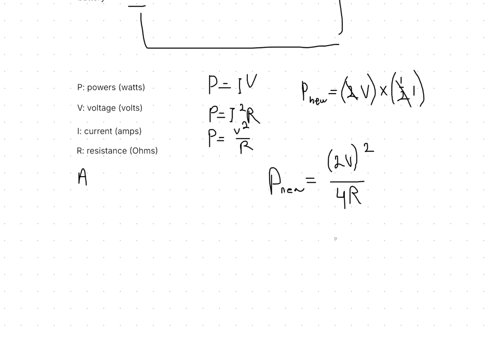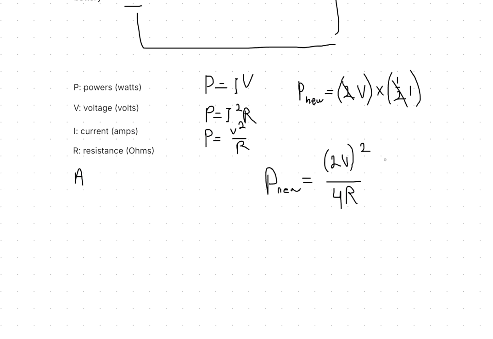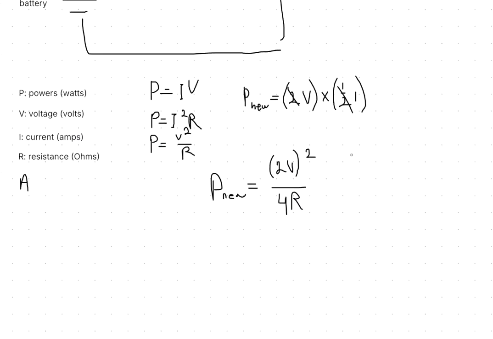And when you square 2V, you will get 4V squared. So our equation will be 4V squared over 4R.